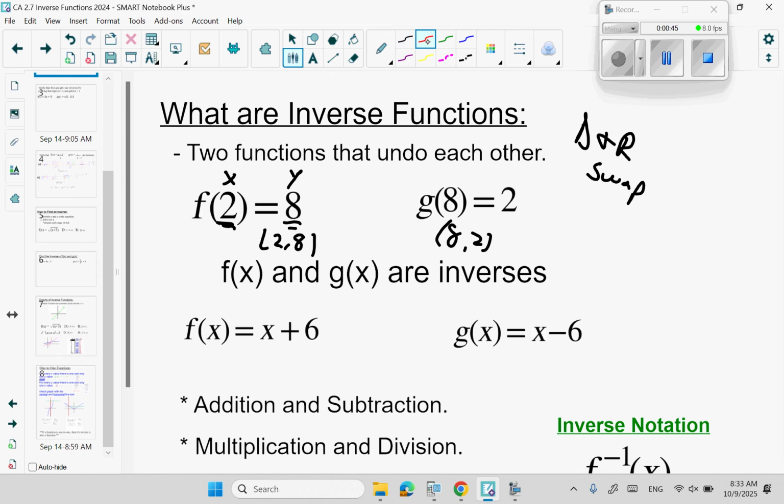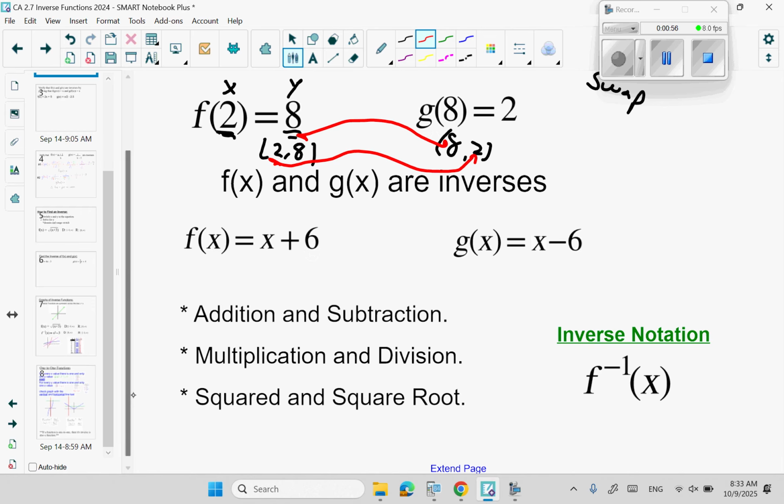So we see that my x became my y, and my y became my x there. So often they'll have opposite interactions like +6 and -6, or ×2 and divide by 2, square root versus squared.